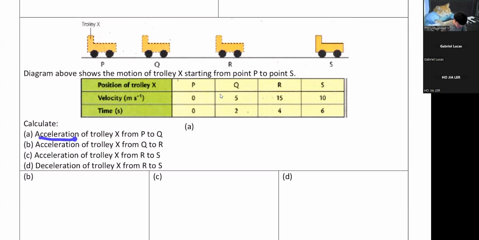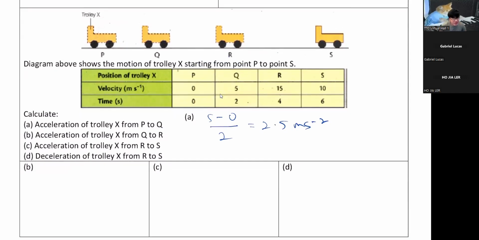Calculate the acceleration from P to Q. Since this is P to Q, this is the U, and this is the V. Initial, final. So 5 minus 0 over 2, cost 2 seconds. You will get 2.5 meter per second square.